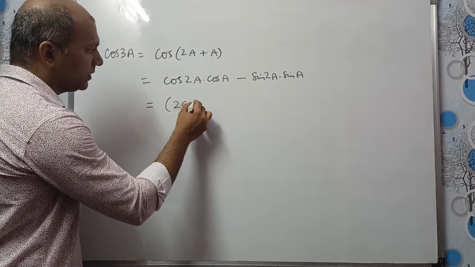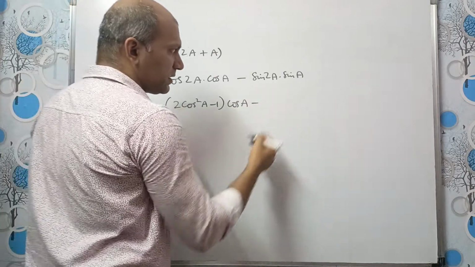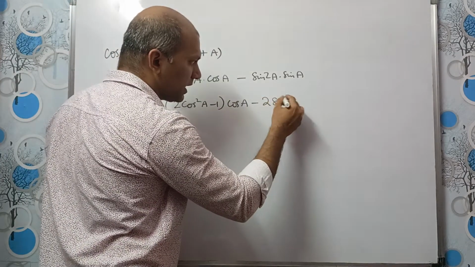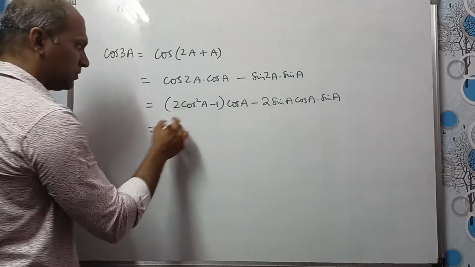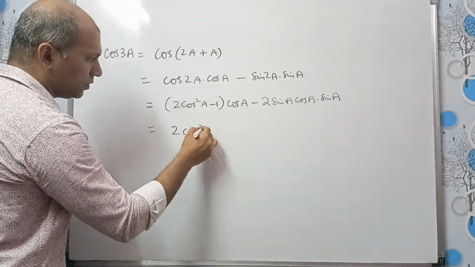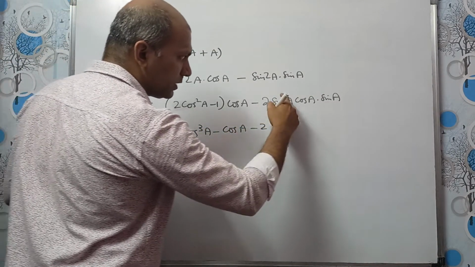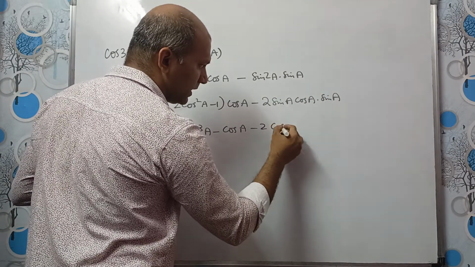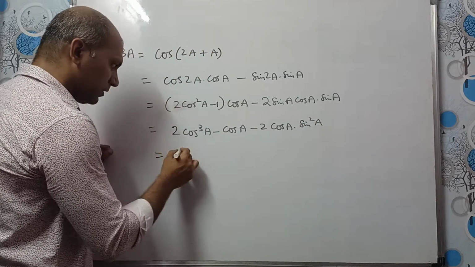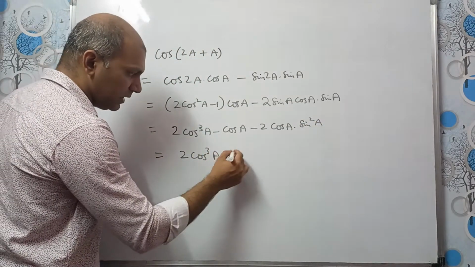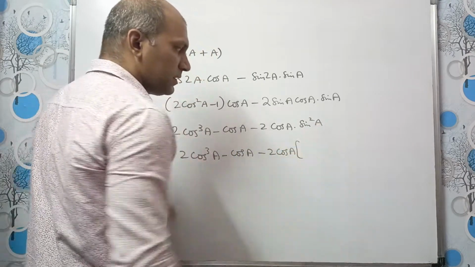So this will be 2 cos square A minus 1 multiplied by cos A, minus sin 2A, which is 2 sin A cos A, multiplied by sin A. Alright. So if you multiply, this will be 2 cos cube A minus cos A minus 2 cos A sin square A.